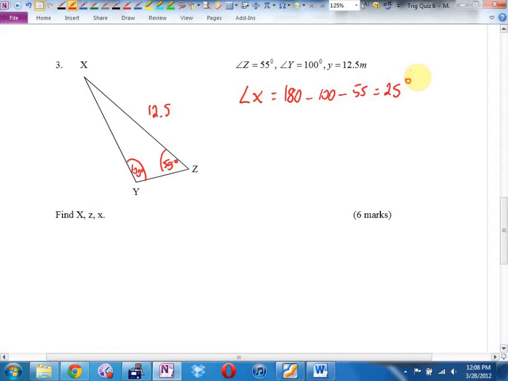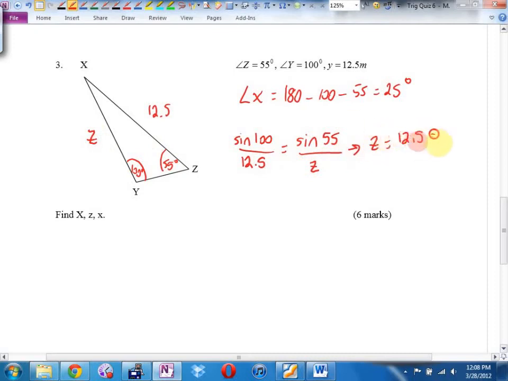Little z. Okay. Here's my pair. I'm going to use that for the rest of this. So I'm going to go the sine of angle y over little y equals the sine of z, 55, over little z. Cross multiply, z is going to end up being 12.5 sine 55 divided by sine 100.